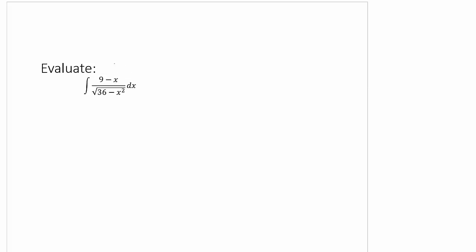And so what we can do here is I can break this up into two integrals. Because remember that 9 minus x over the square root, that denominator is really, in a sense, one term. And so I can think of that as 9 over the square root of 36 minus x squared minus x over the square root of 36 minus x squared.